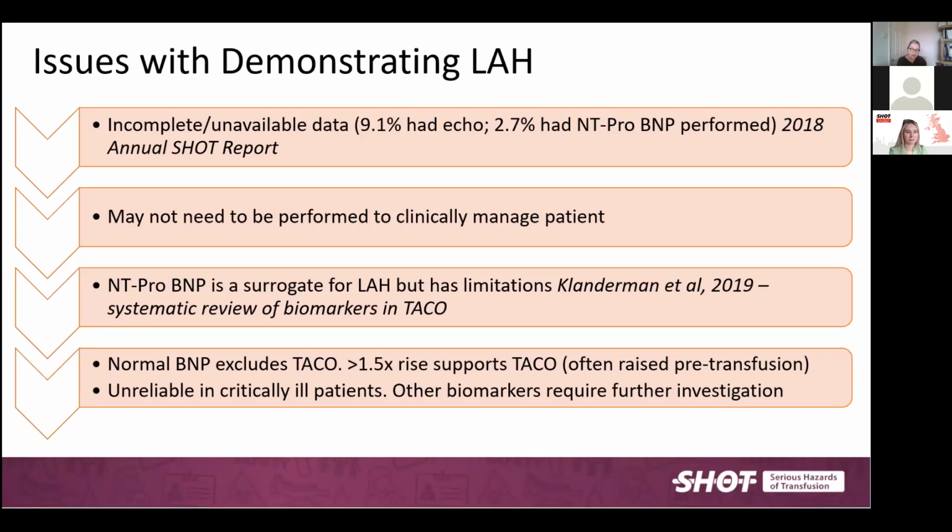Well, the problem is that it's unreliable in critically ill patients, and BNP is a renally cleared molecule. So patients who have renal failure will have higher levels compared to those that don't, and that might muddy the water somewhat if we're trying to use it to support evidence for LAH. And indeed, other biomarkers require further investigation. That is a subject of ongoing research.